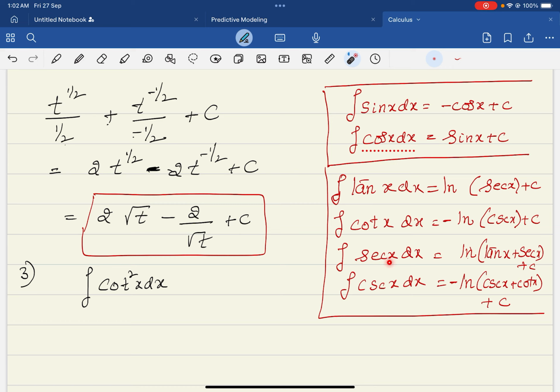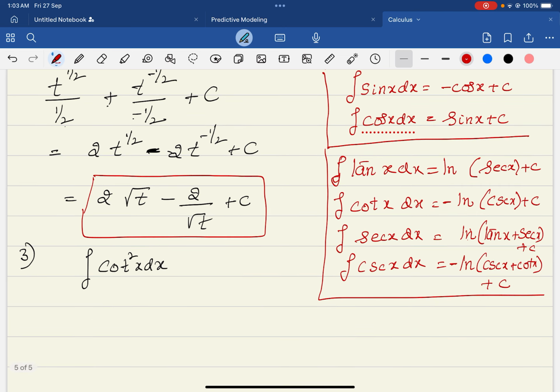Tan and secant are one combination. For tan it is ln of secant, for secant it is ln of tan plus secant, for cot it is ln of cosecant, and for cosecant it is ln of cosecant plus cot plus c. There is a logic to remember this.